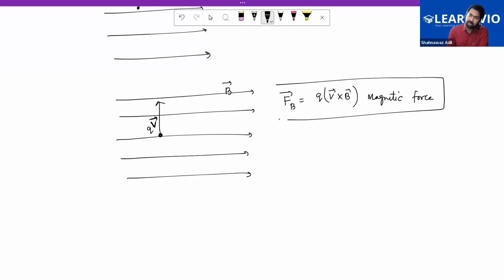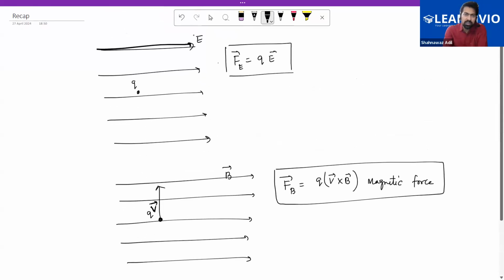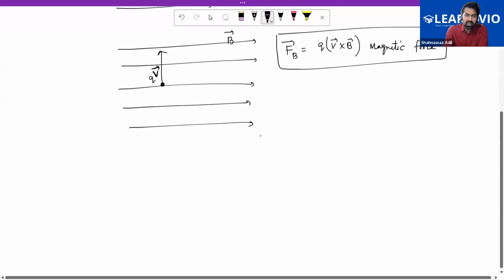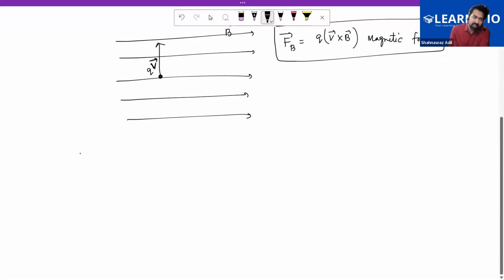And if we have both of them together, electric and magnetic field, and in that presence the charge is moving, then combinedly this is called Lorentz force.